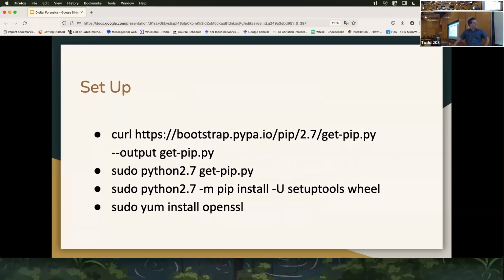And Austin, is it the OpenSSL or is it the OpenSSL-dev? -dev. Okay. Oh, devel. Right, got it.